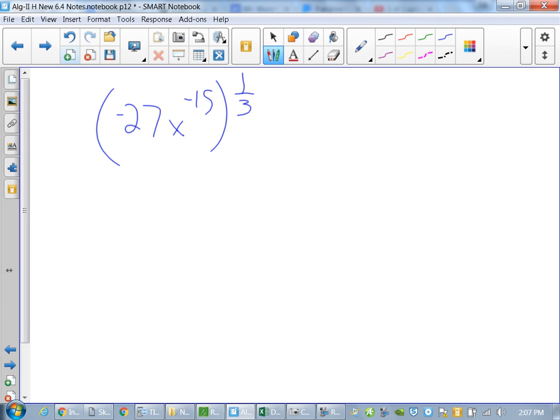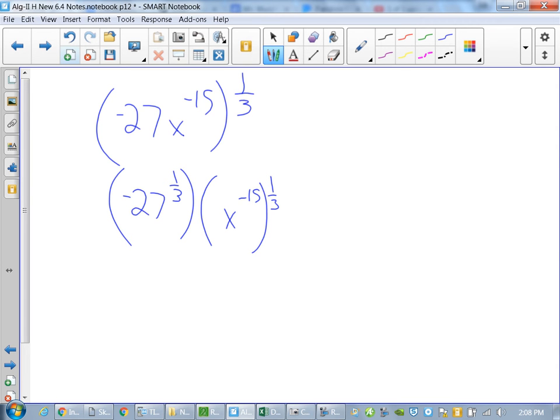You're welcome. So now what I want you guys to think of here is that we have a whole bunch of junk that needs to be raised to the 1/3 power. Which means I'm going to distribute the exponent to both parts of the monomial within the parentheses. So I have to take negative 27 to the 1/3 times x to the negative 15th also to the 1/3.